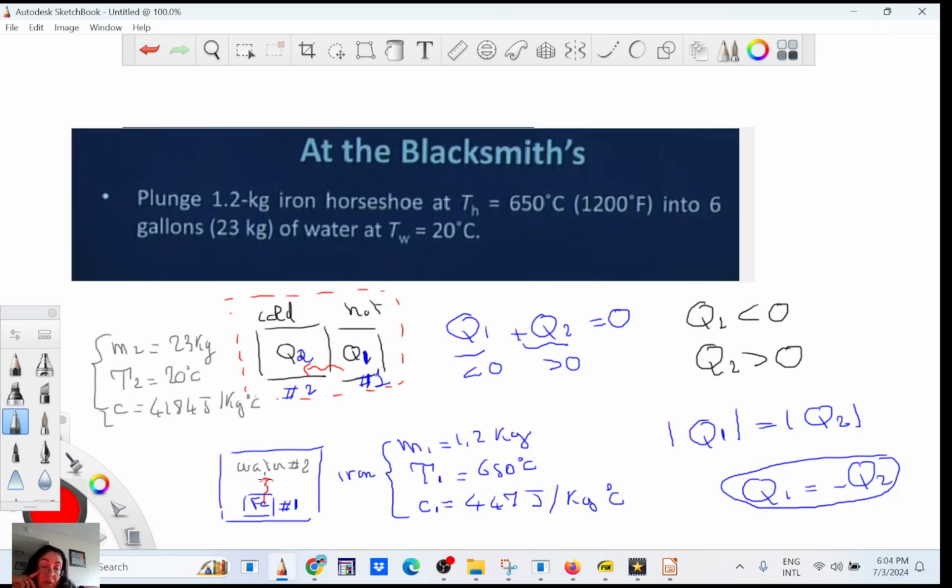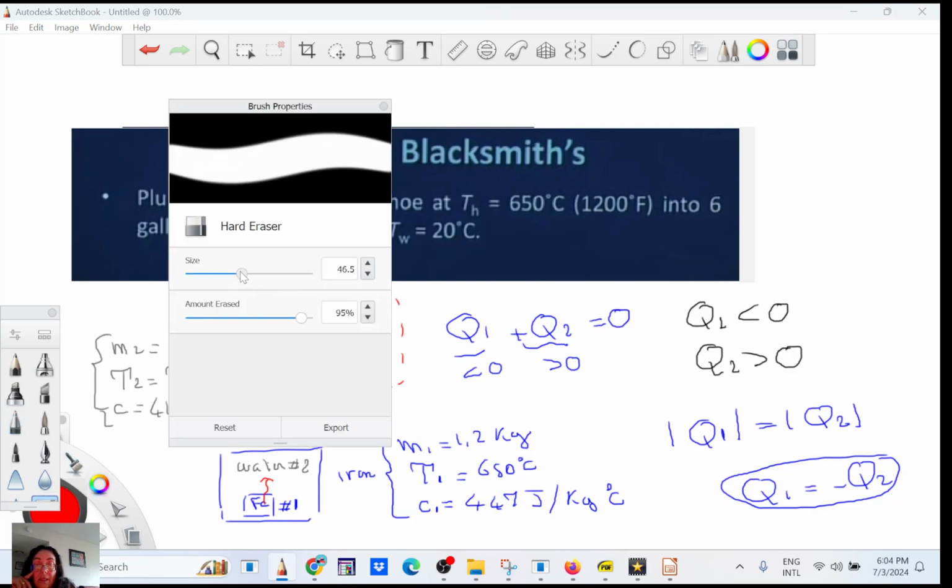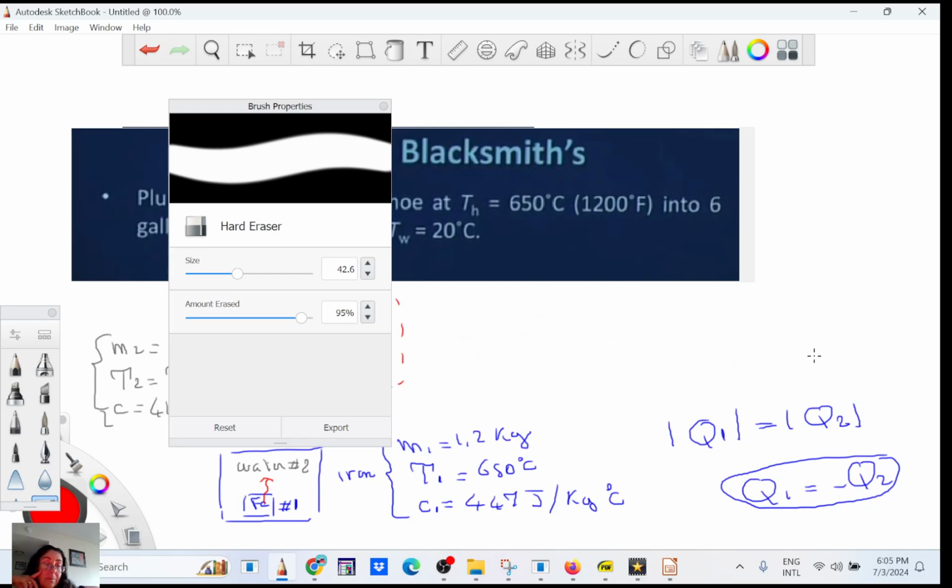So you're going to see that, surprisingly, water doesn't seem to change its temperature by much, but iron has a very low thermal inertia, so its temperature is going to change by a lot. You have different ways to do this problem. I'm going to show you one way and then you can do the other way.